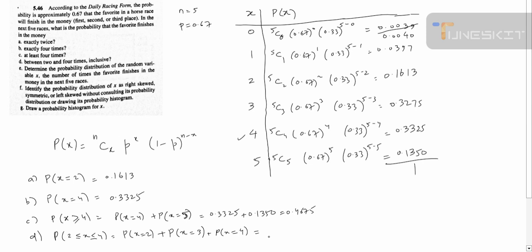So 0.1613 plus 0.3275 plus 0.3325 gives us 0.8213 as the answer.